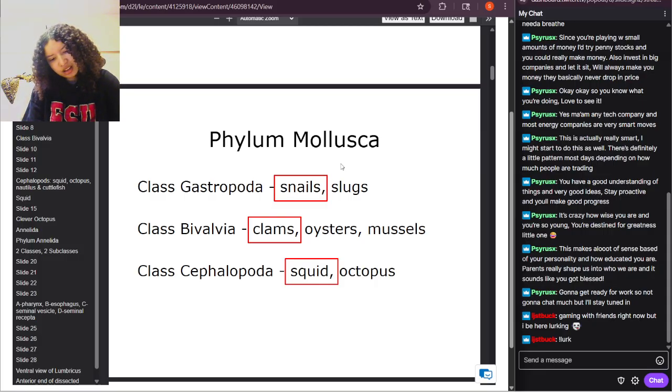We have gastropods, snails, plus slugs. Bivalves, I don't know how to say it. Clams, oysters, and mussels. Cephalopods, which is squid.